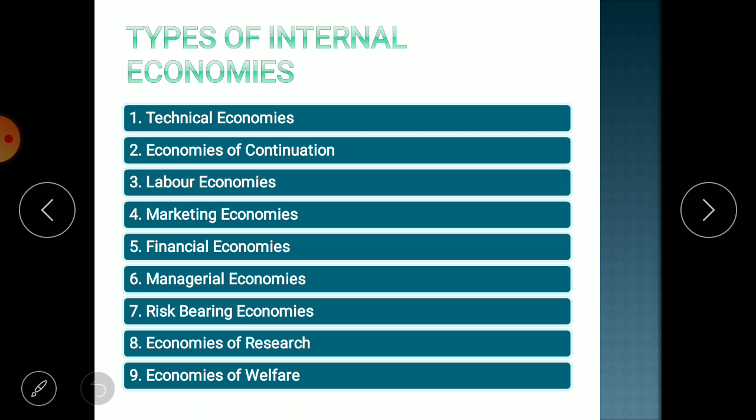Now let us see the different types of internal economies. Here the list is given. Total 9 internal economies are there, which are: first, technical economies; second, economies of concentration; third, labor economies; fourth, marketing economies; fifth, financial economies; sixth, managerial economies; seventh, risk bearing economies; eighth, economies of research; and the ninth one, economies of welfare.